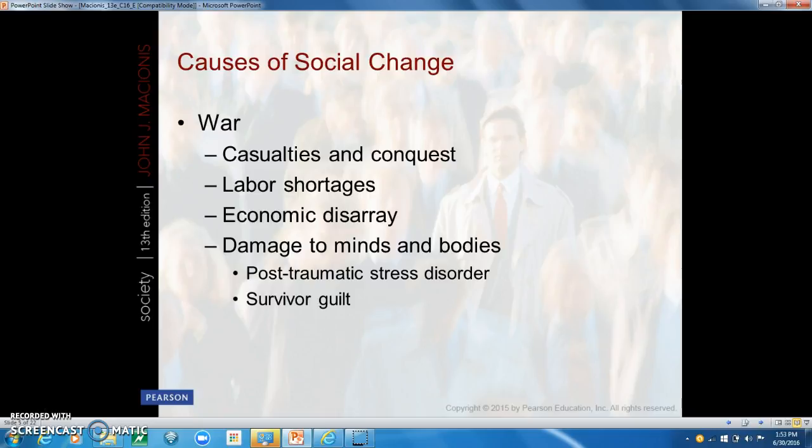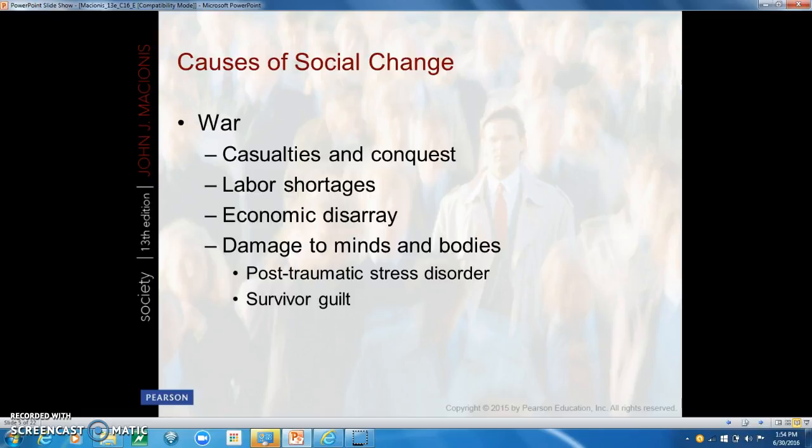When millions of soldiers are killed, entire populations are unbalanced for more than a generation. There are also labor shortages, economic disarray due to the loss of so many skilled workers, and the impact of war can also be seen in the damage done to the minds and bodies of the survivors.